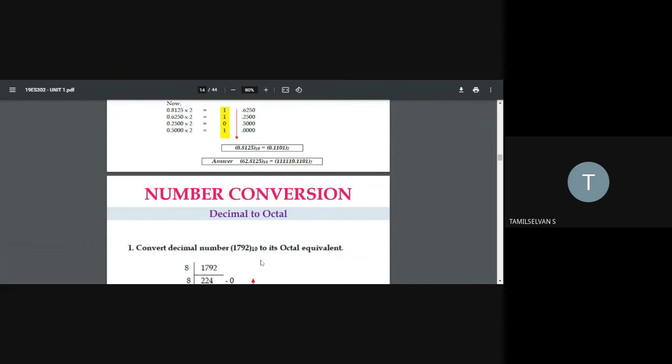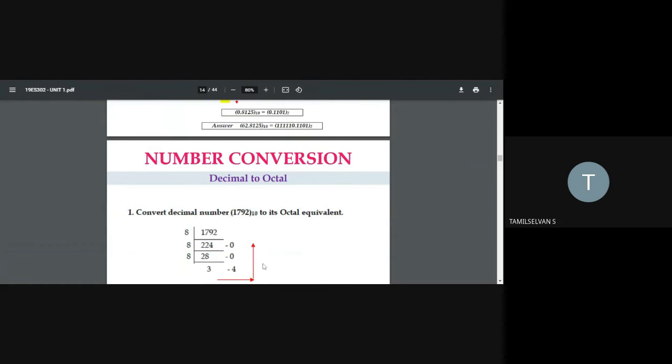So example number 1, first I can take this example 1792 to the base 10 to its octal equivalent, right? So this 1792 can be divided by 8 and we get 224 with the remainder 0. This 224 divided by 8, we get the remainder as 0.